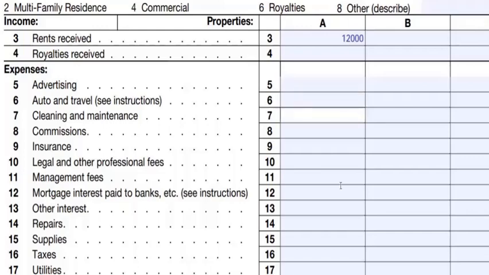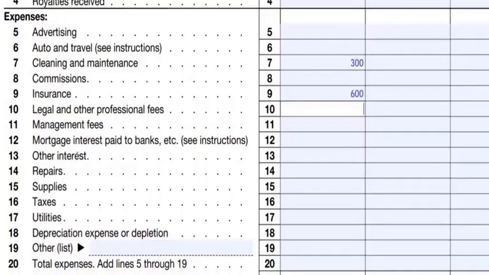Maybe let's say someone spent $300. Commission, no commission. Insurance of the property. We know that a property will always have insurance, so throughout the entire year, what is the total premium they had to pay? It could be again 600. Okay, total premium for the year. Legal and professional fees, if somebody paid a management fee.